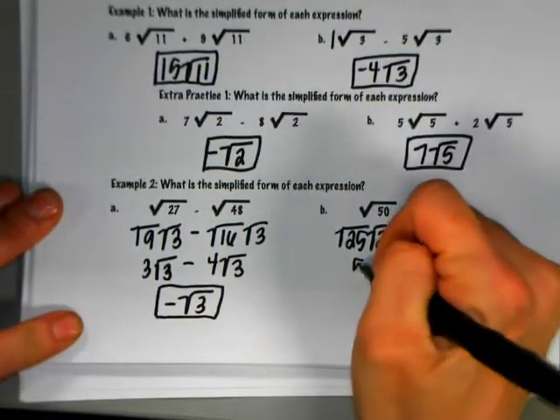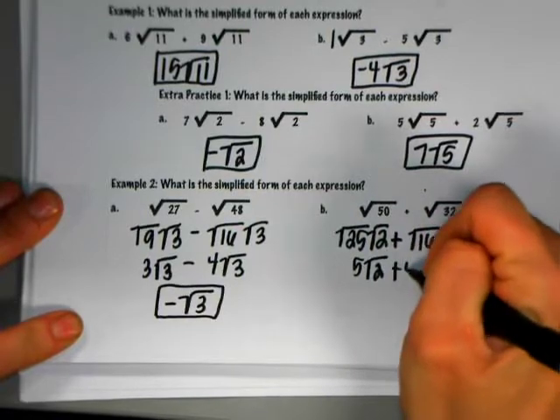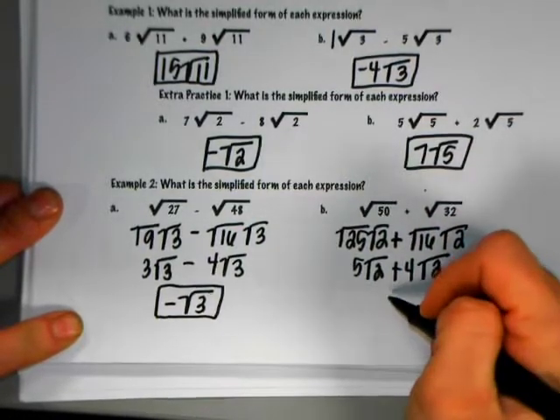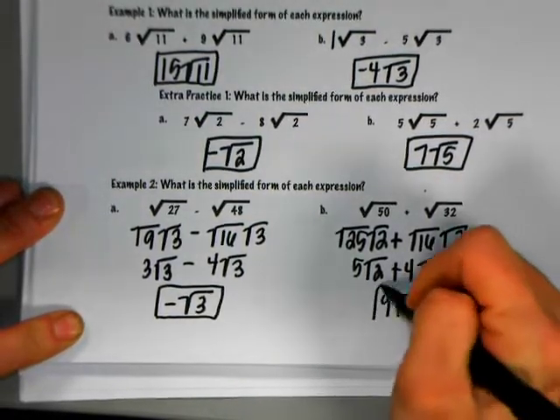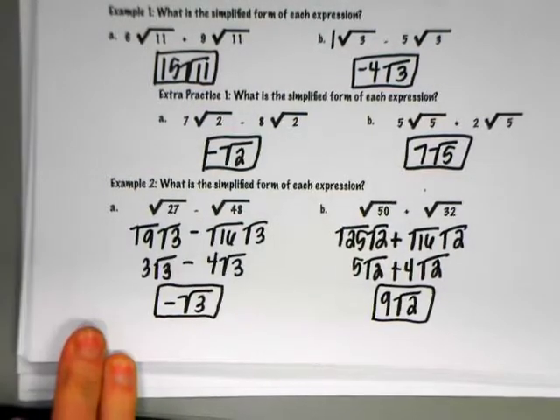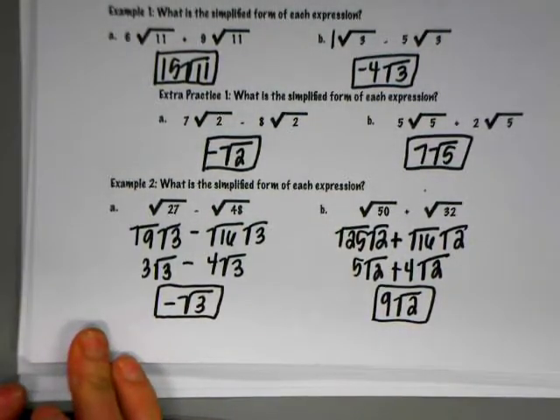So I'd get 5 radical 2 plus 4 radical 2. So what's that make? Yep, 9 radical 2. Any questions on that? No? Okay. Go ahead and try the next ones.